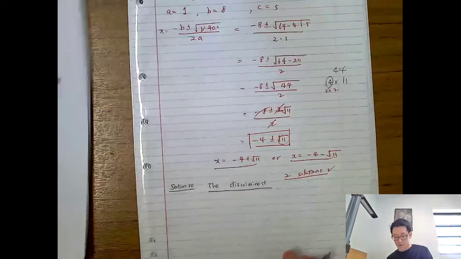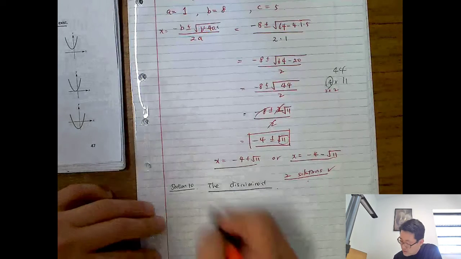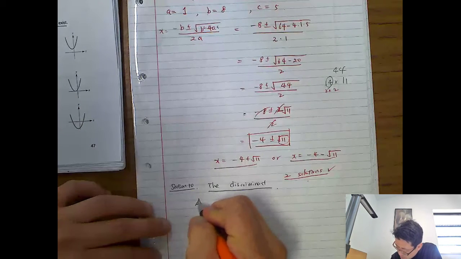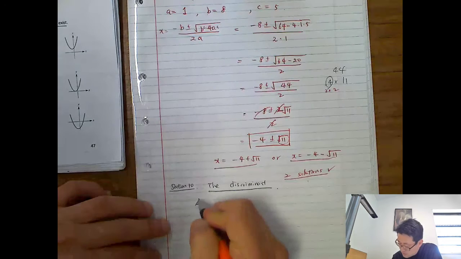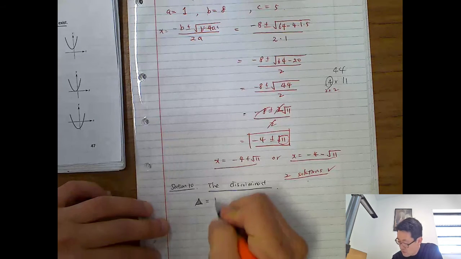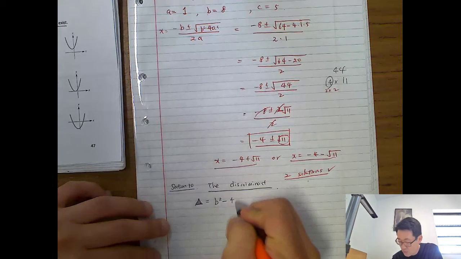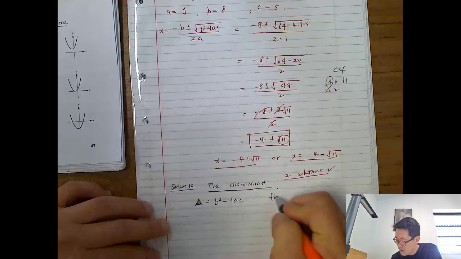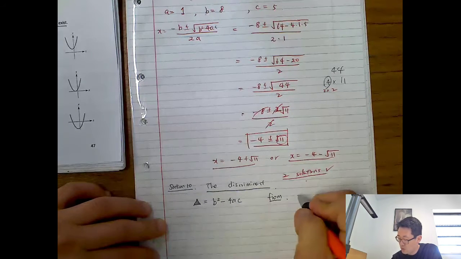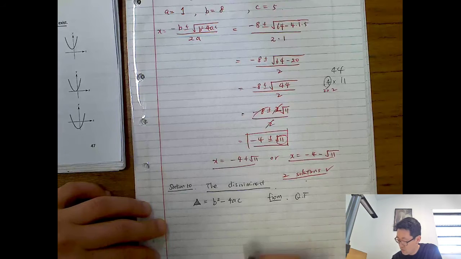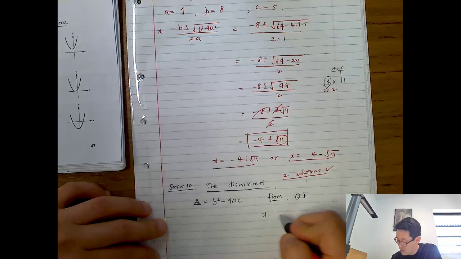Discriminant, which I write down this way: discriminant equals b squared minus 4ac. This is from the quadratic formula, where the quadratic formula x equals what?